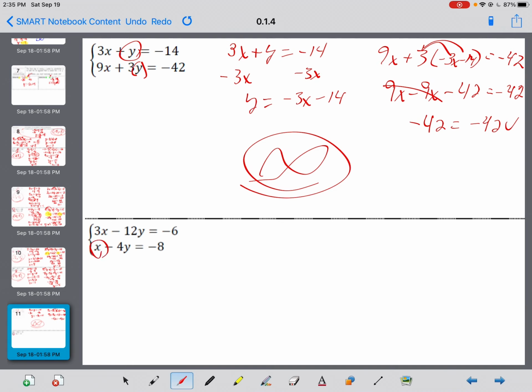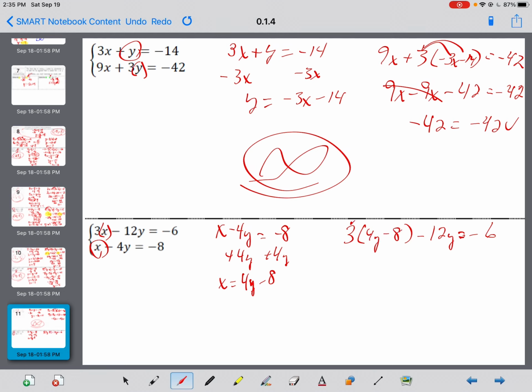In this last one, I'm going to solve for x. So x minus 4y equals negative 8. Add 4y. X equals 4y minus 8. And I'm going to plug that in for the x. 3 times something minus 12y equals negative 6. 4y minus 8.